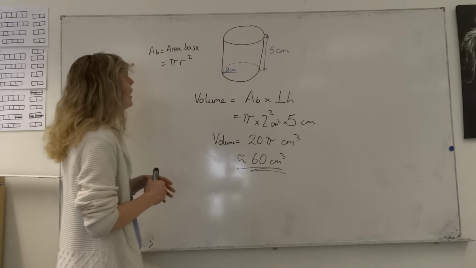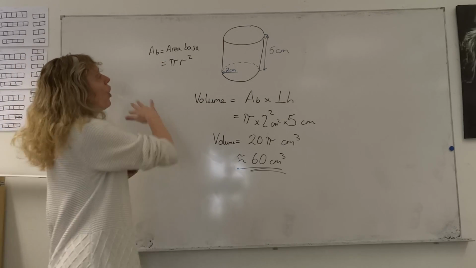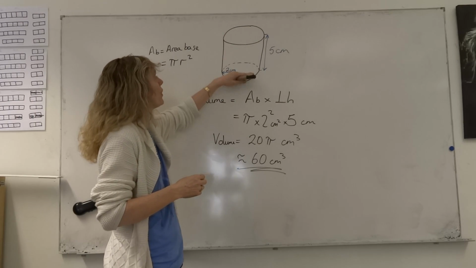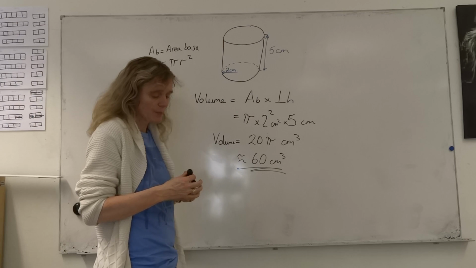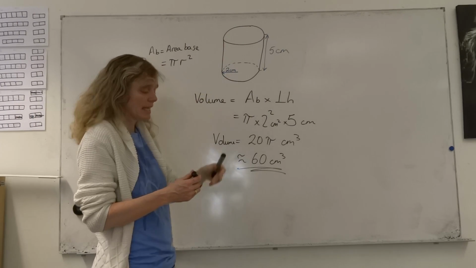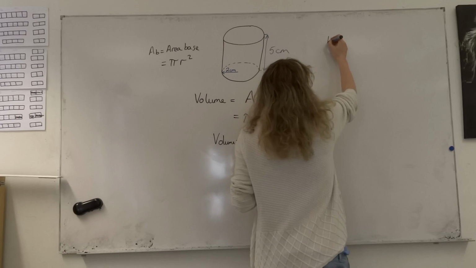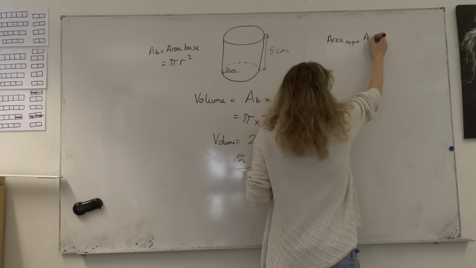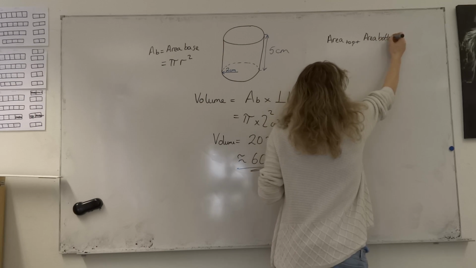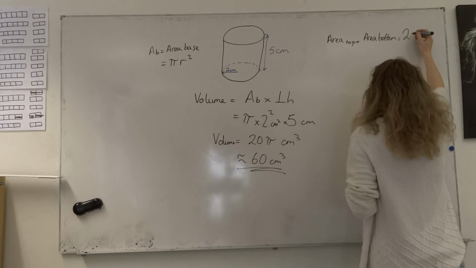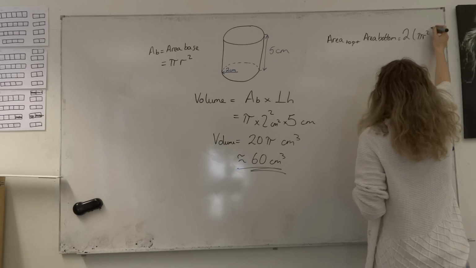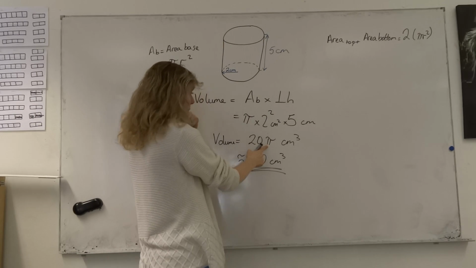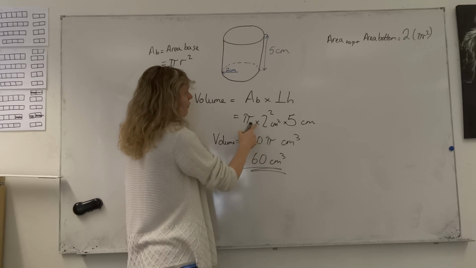But what would be the surface area of the whole of this shape? Imagine that this shape is a little cylindrical block with a top and a bottom and all the way around. Well, the area of the ends is really easy for us to calculate. The area of the top and the area of the bottom will be the same circle, so it will be 2 lots of pi r squared, which we already know here. 1 lot of pi r squared is 4 pi.